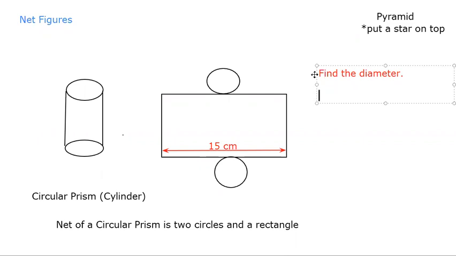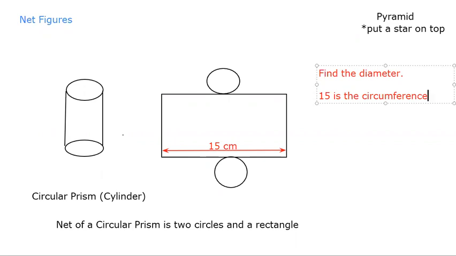What is that 15, really? Remember when we talked about the belt going around your waist, and that's the length of the belt? 15 is the circumference. That's the distance around that can.